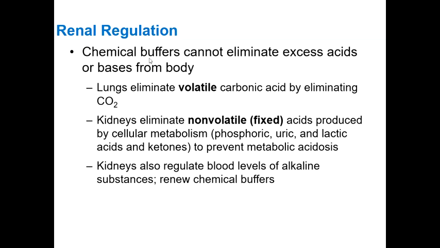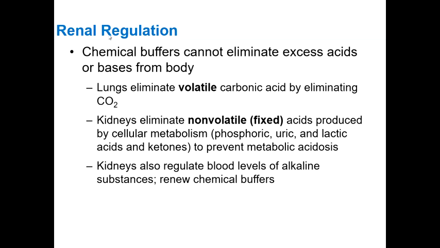So our chemical buffers from last video can't eliminate excess acids or bases from the body. They're just converting them. Our lungs, last slide, eliminate volatile carbonic acid, that's the gaseous form of carbonic acid, by eliminating carbon dioxide as we breathe out.